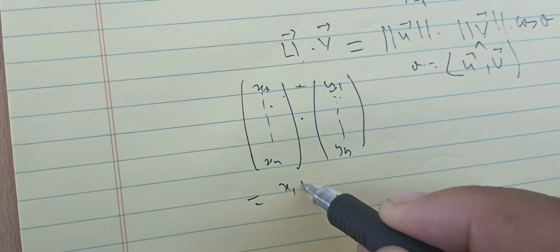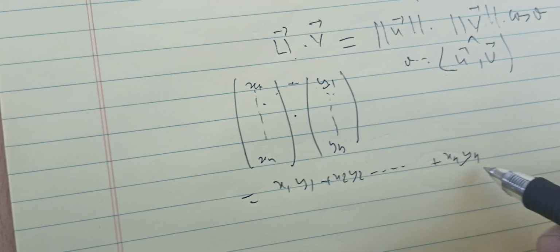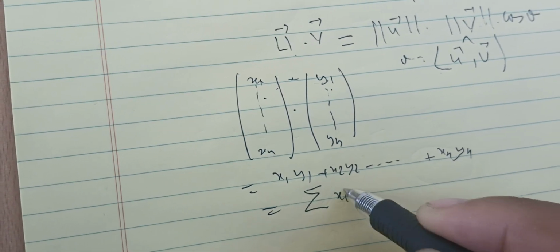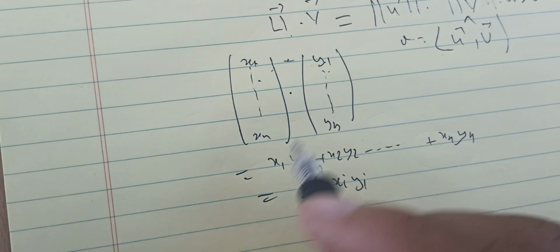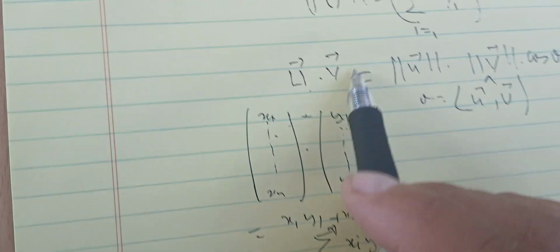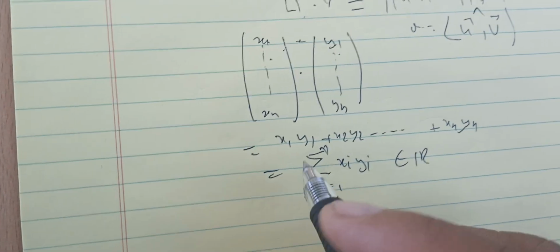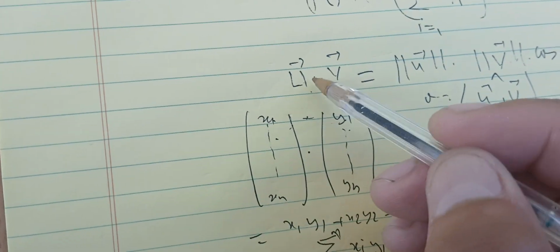We can write this sum in sigma notation. This is just a number, because it belongs to R.